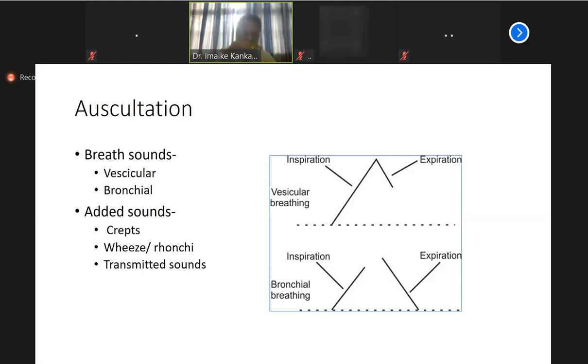One of the differences in children is, in adults, you might hear bronchial breathing due to lobar pneumonia.